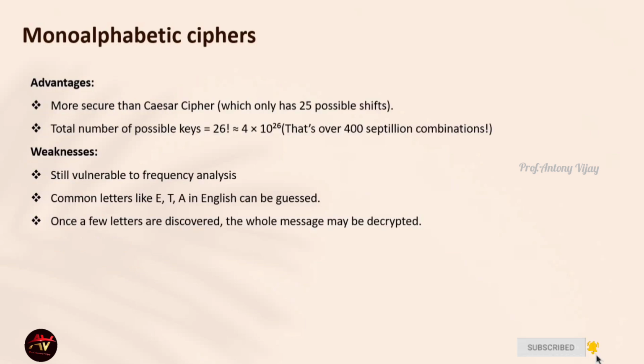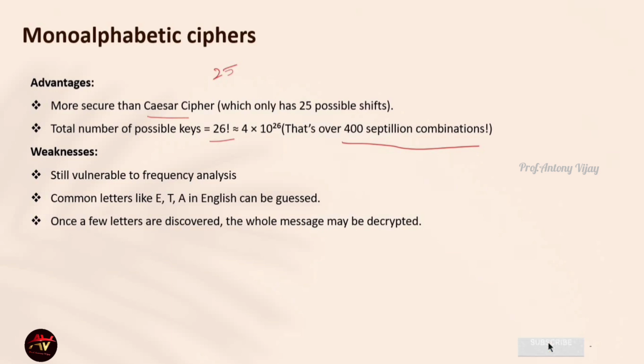Let's see the advantages of monoalphabetic cipher. Here it is more secure than Caesar cipher, because in Caesar cipher only 25 possible shifts are there. But here it is 26 factorial, which is more than 400 septillion combinations. So it is a little bit more secure than Caesar cipher.